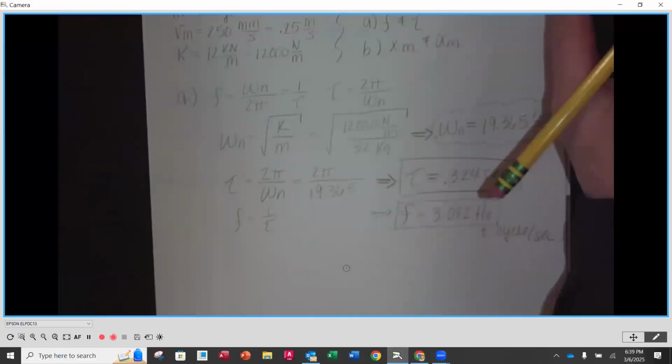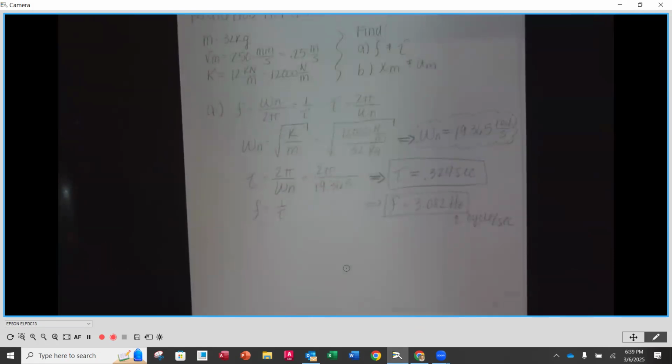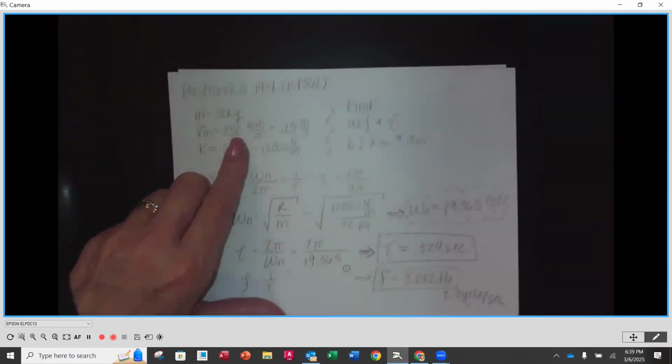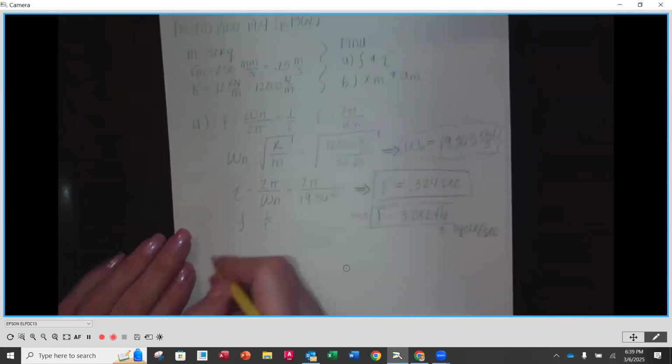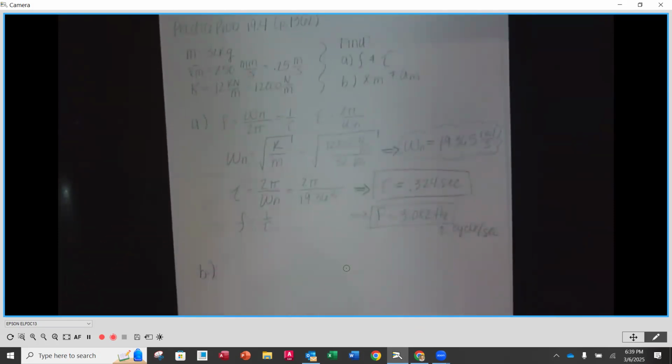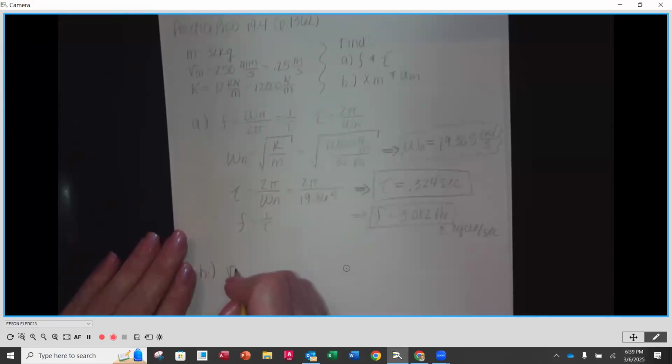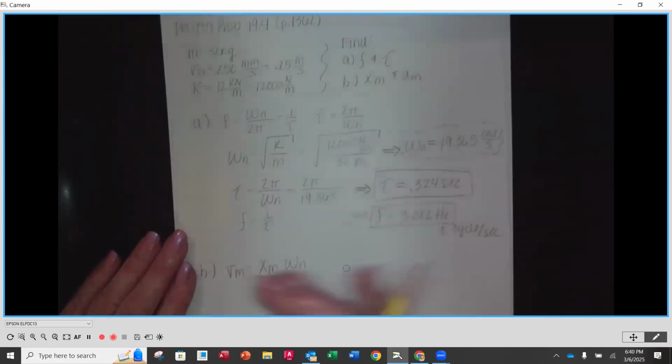If we look here, you'll remember that the problem gave us velocity. So for part B, we can calculate the maximum amplitude using the maximum velocity equation.